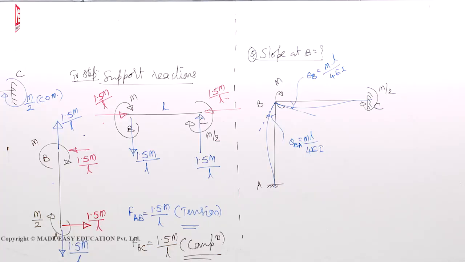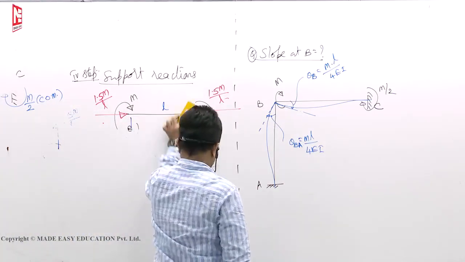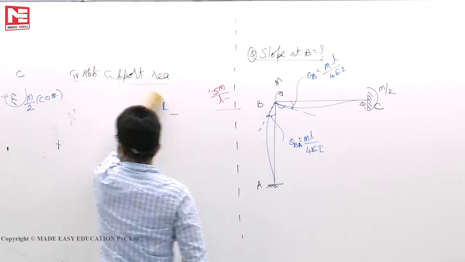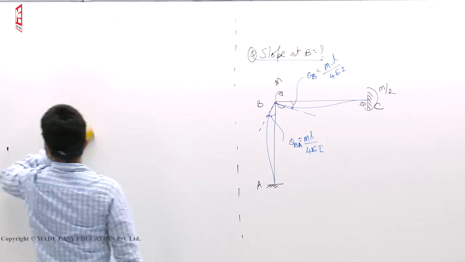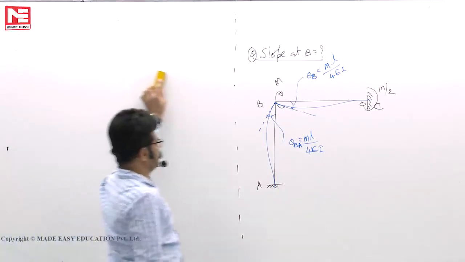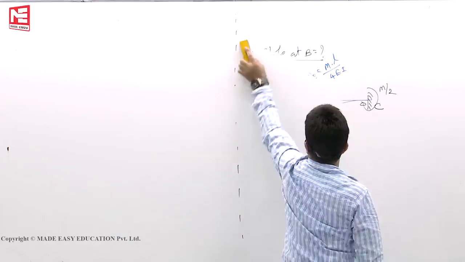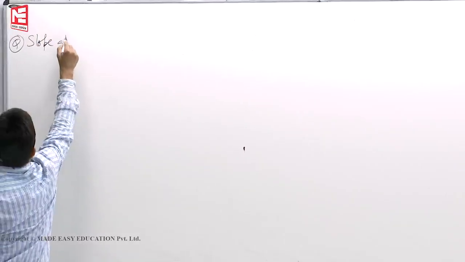Now I remove this one. Next point is slope at C is.